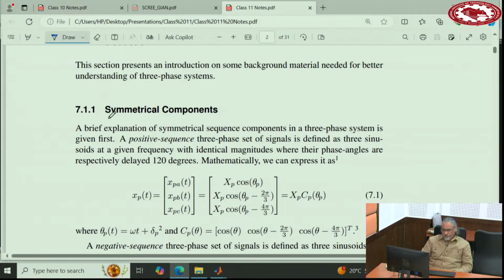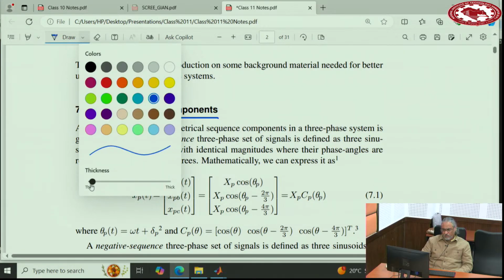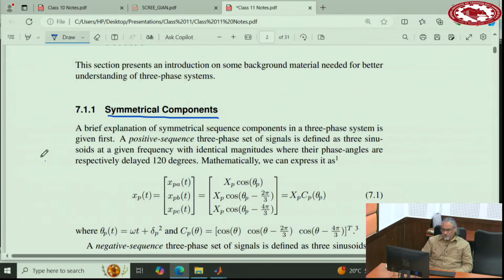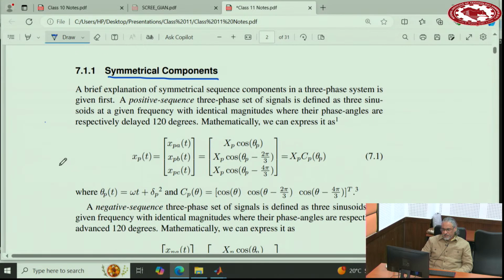Symmetrical components, also called sequence components. Basically, we have positive sequence, negative sequence, and zero sequence. And remember, it's three-phase AC at a given frequency, for example, 50 hertz or 60 hertz.